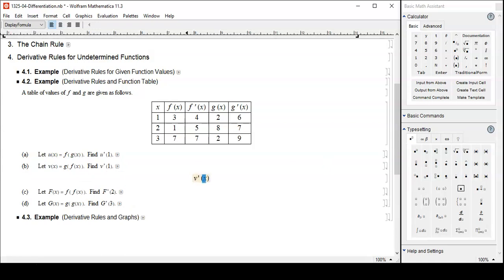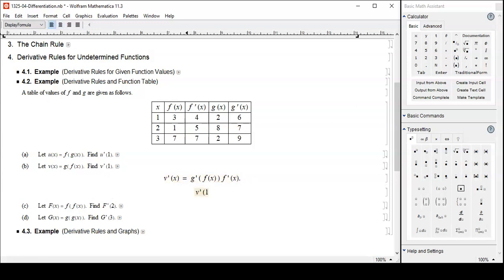V prime of x is g prime of inside never changes times the derivative of the inside. Is that clear? That's the chain rule. And then v prime of 1 is g prime of f of 1 because I'm plugging in x equals 1, and then f prime of 1. Okay, what is f prime of 1?